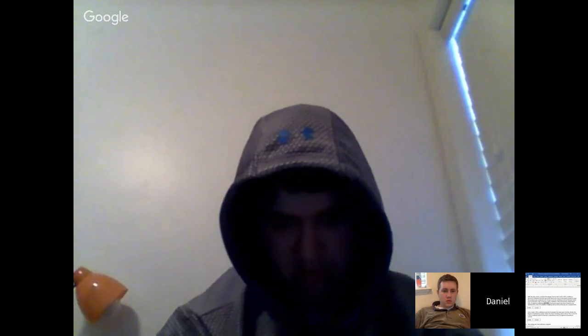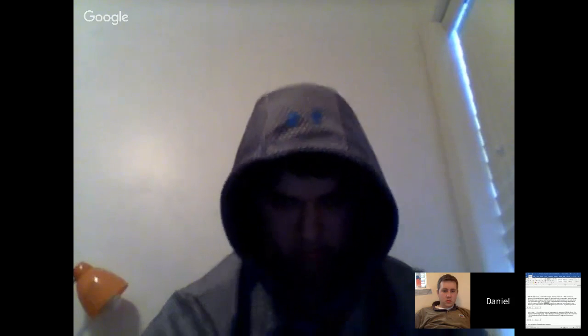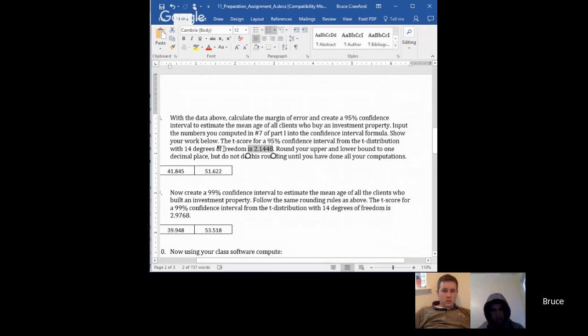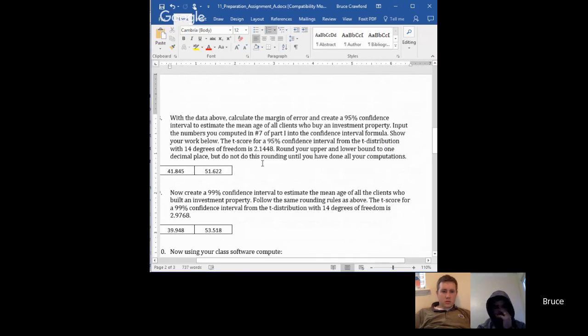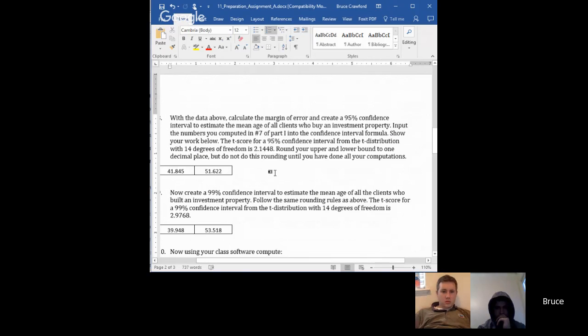So we're substituting that in for the t value. Well, it says the t-score for a 95% confidence interval from the t distribution with 14 degrees of freedom is that. But that's not the t-score that we got. No, our t-score is different, and ours is right. I'm just totally lost by that number.